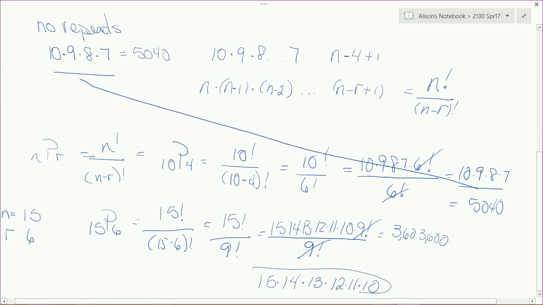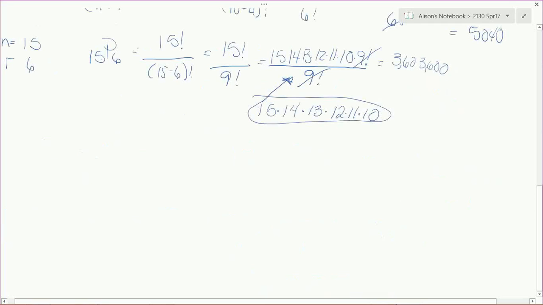And this actually looks remarkably similar to what I ended up with after I simplified my permutation formula. So just to sum up, I deal with permutations when the order in which the items are selected matters. License plate numbers, house addresses, passwords: the order in which the items are selected matters.